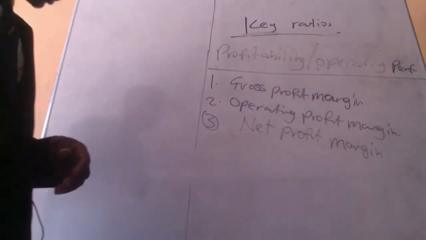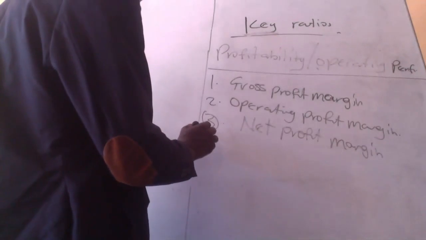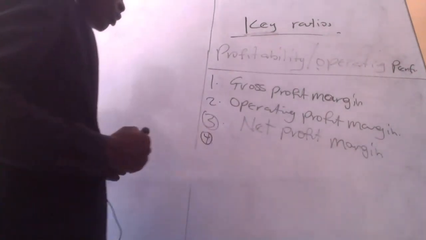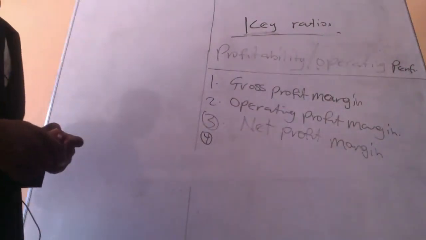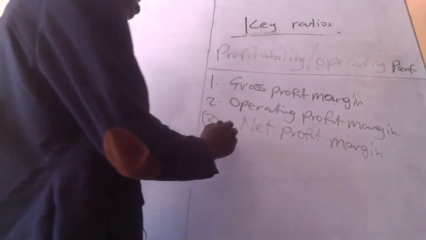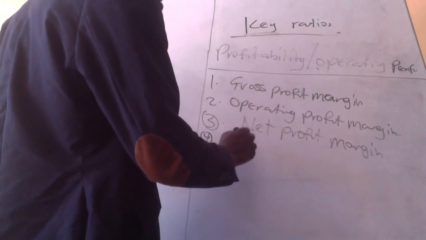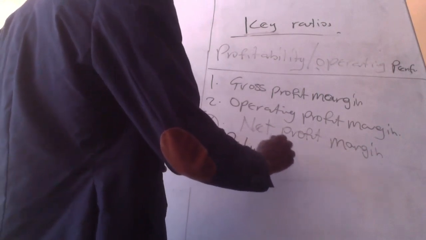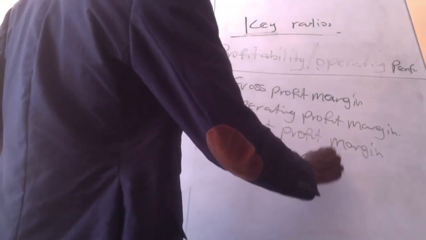Good. So now let me go to the fourth profitability ratio. I'll talk about ROCE, return on capital employed.